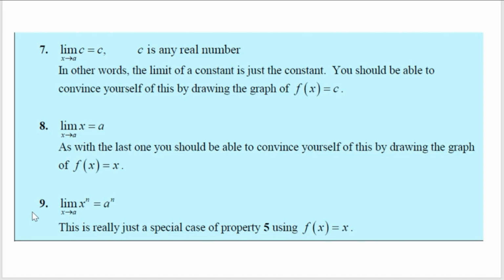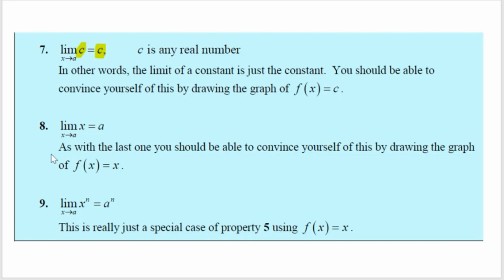Now for number 9, the limit of x raised to n as x approaches a is equal to a raised to n. So this is how I remember number 7 and number 8. If the limit of the given is not equal to where it approaches, then the answer is a constant.